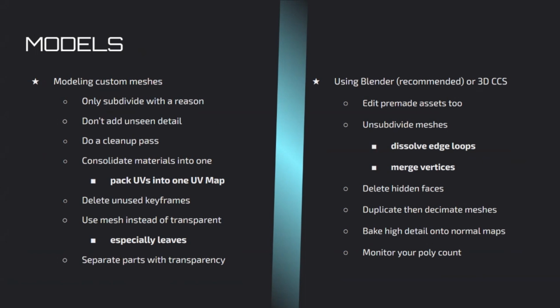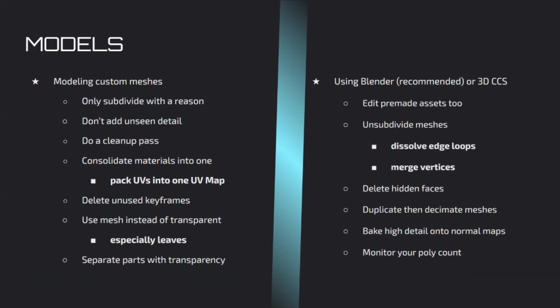Repack them all into the 0-1 space, and then you can bake all of those materials from the high material count object to the low material count new version. Delete unused keyframes. That's if you're animating your own stuff.